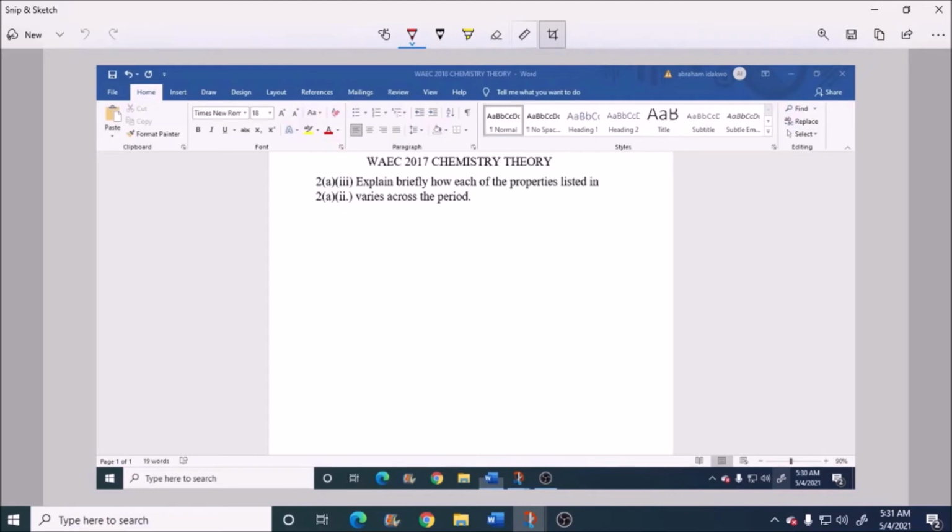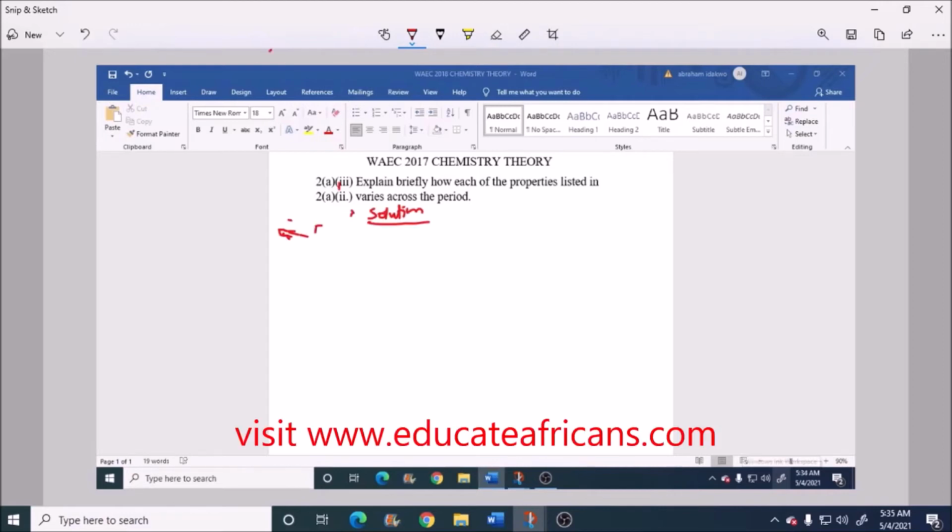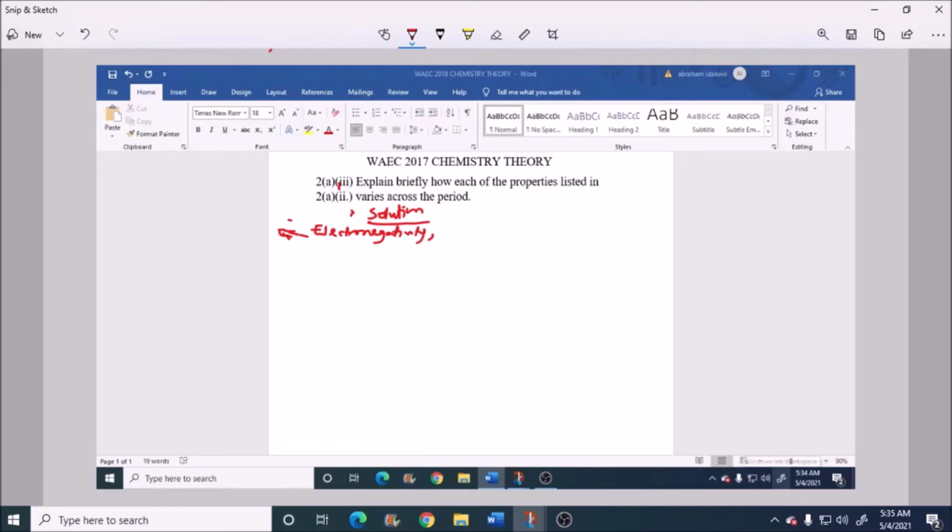The properties are the electronegativity, ionization energy, then we still have melting and boiling points, electrical and thermal conductivities, and we still have atomic and ionic radius.